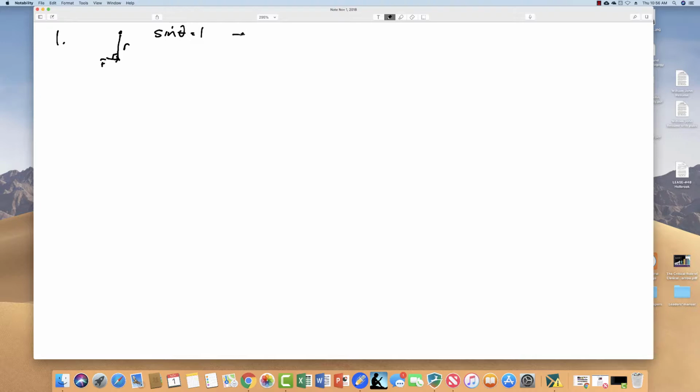Therefore the torque is simply going to be equal to the force applied times the distance, which is 55.0 times 0.850. And the answer to that is 46.8 Newton meters. And Newton meters is the SI unit for torque.